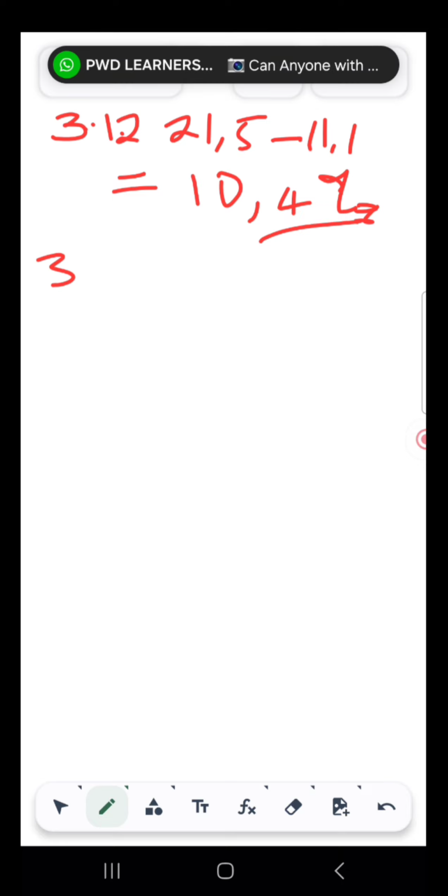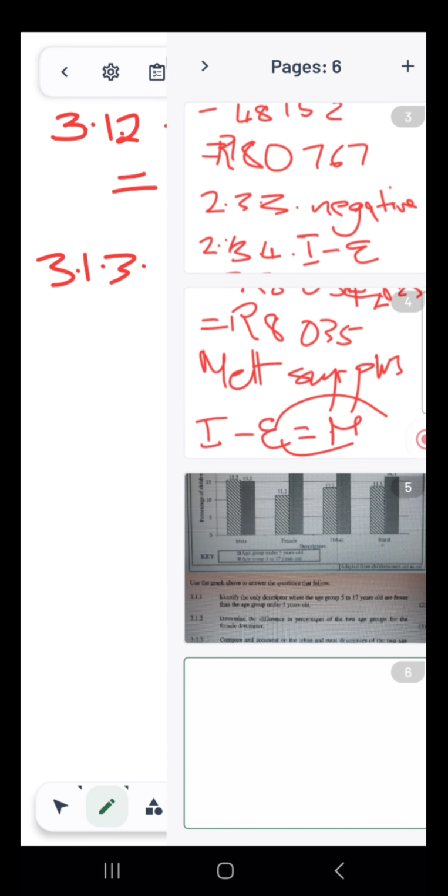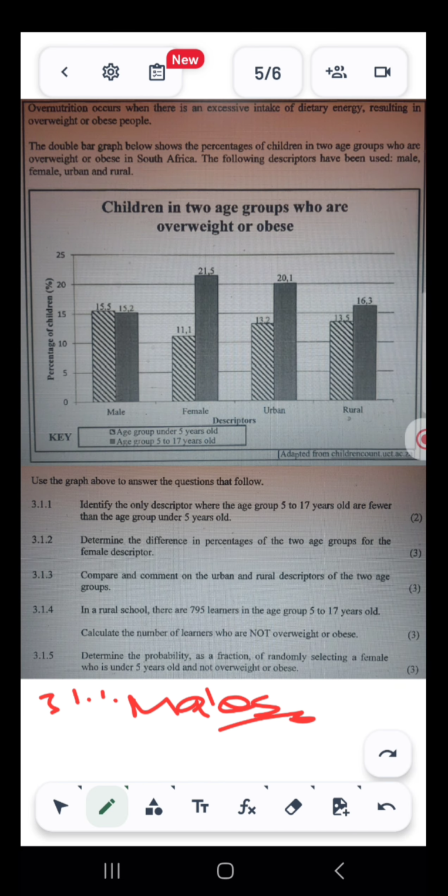Okay, so we go to 3.1.3, and the question says compare. Now compare with things that are similar, and comment on the urban and rural descriptors of the two age groups. So you must compare urban and rural and make a comment based on your observation.